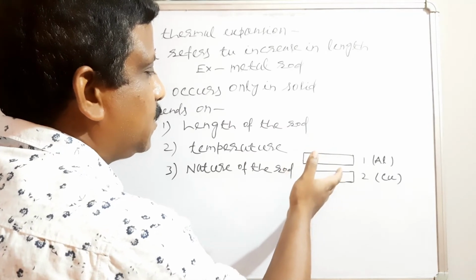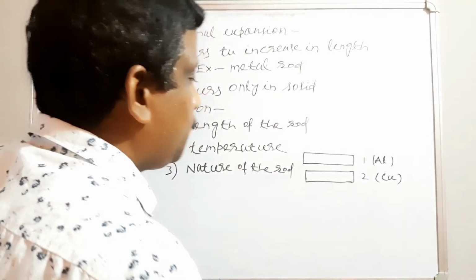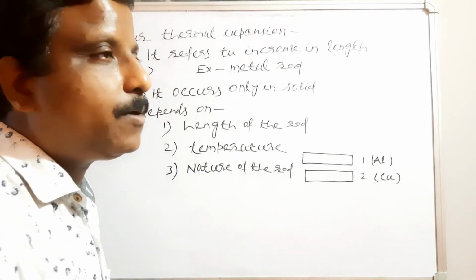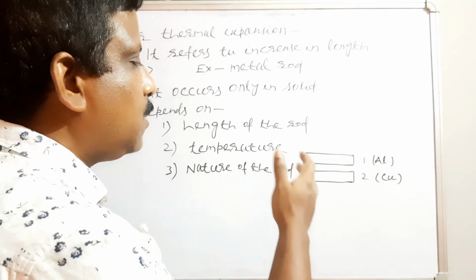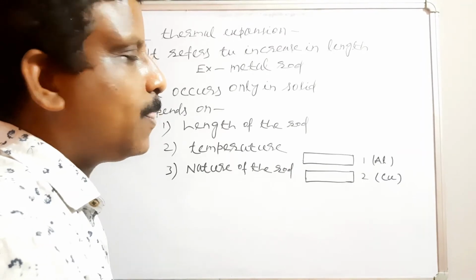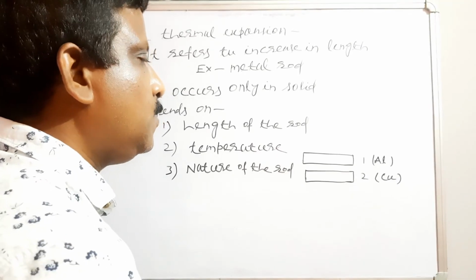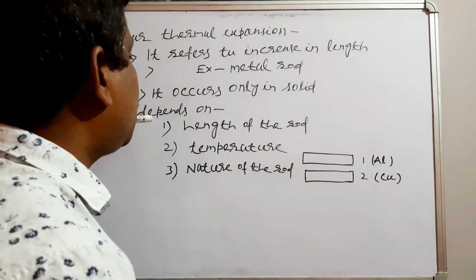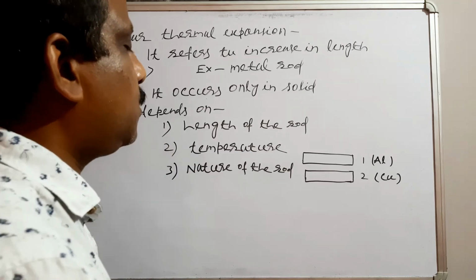Where will the expansion be more? Aluminum will expand more, because the coefficient of linear expansion of aluminum is more than copper. So metal rod 1 will expand more as compared to metal rod 2. So the linear thermal expansion depends on the length of the rod, temperature and nature of the rod.